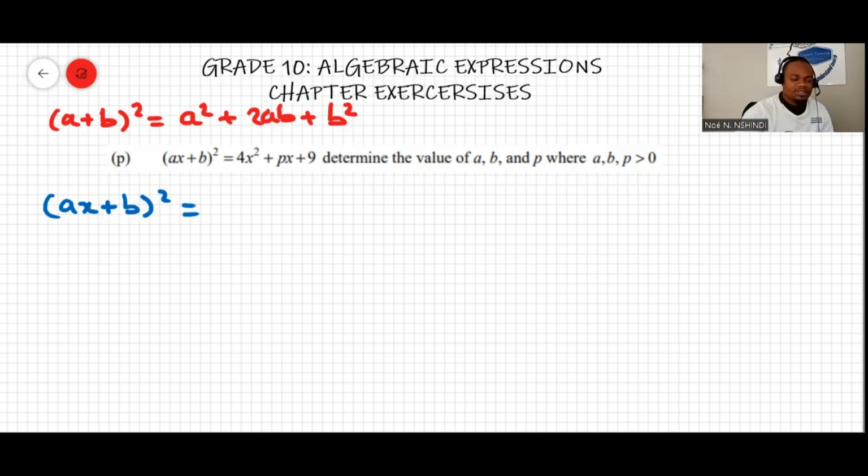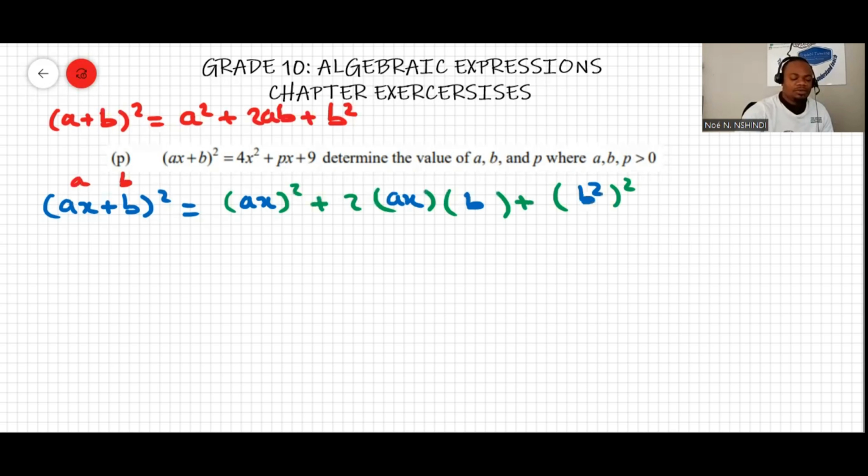I use brackets. This is going to be like a squared, because this is my a and this is the b, so it's a squared plus 2ab plus b squared. Now I can substitute a is ax, so ax plus 2ax, b is b, and then plus b squared.